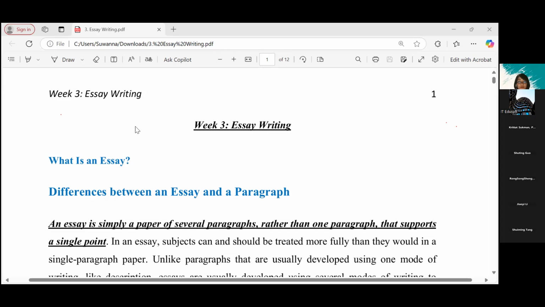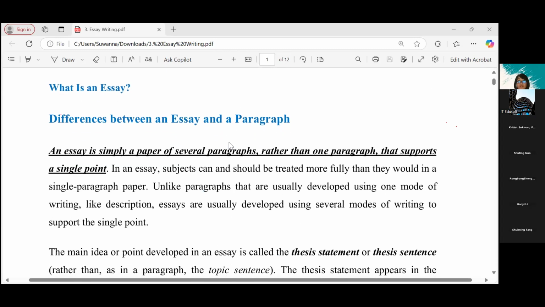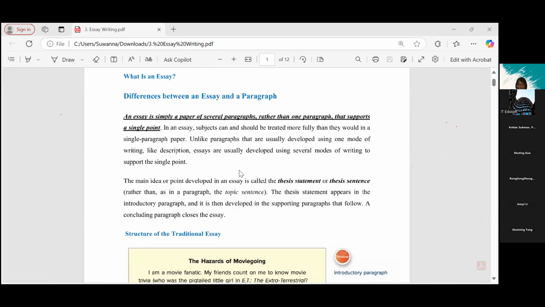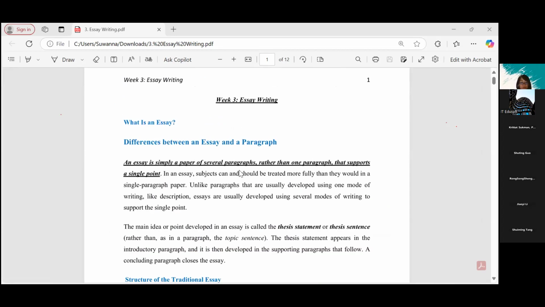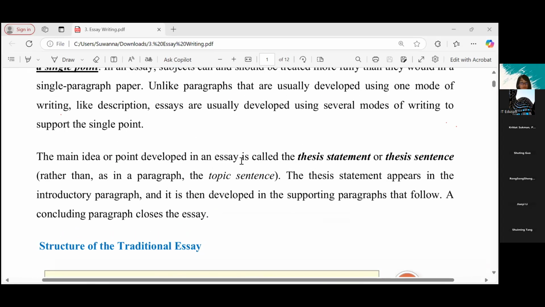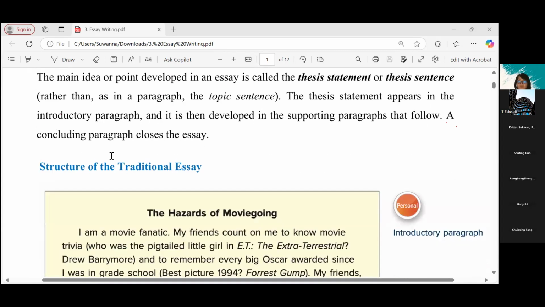Before we start, I'd like you guys to maybe turn your screen off or turn your eyes away from my handout. Turn your eyes away first, because I'd like to ask you this. From your understanding, what is an essay? Don't take a look at my handout. In your words, what is an essay?